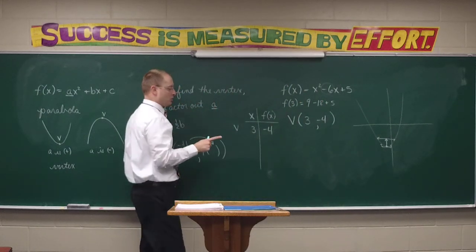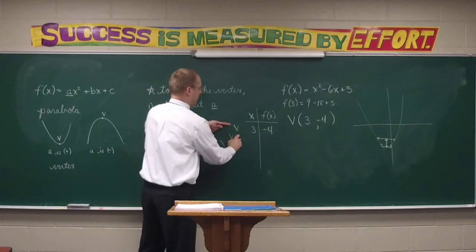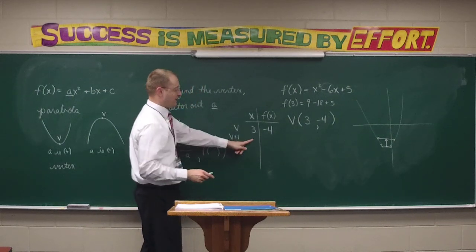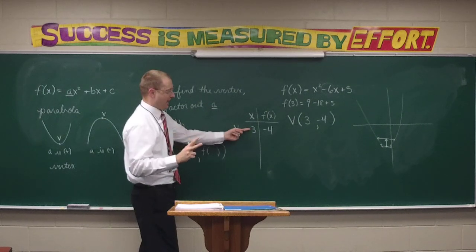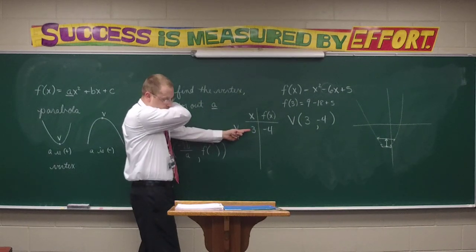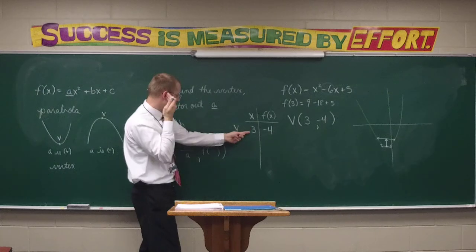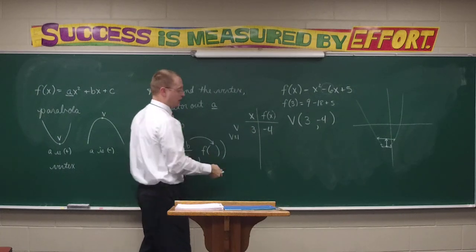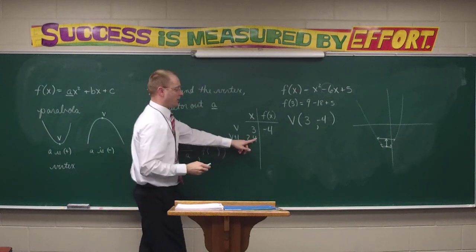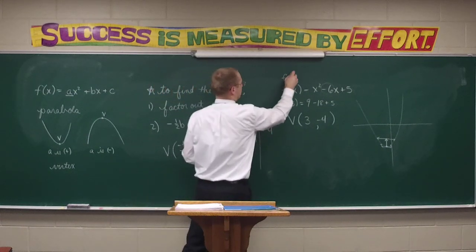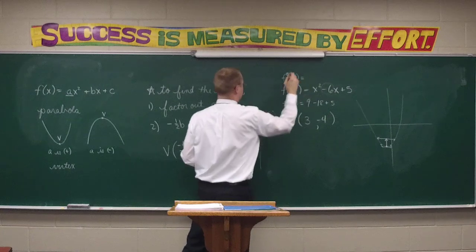So here's what I'm going to do. I'm going to take the vertex plus and minus 1 for my next 2 x values. If I add 1 to the 3, class, I would get 4. And then if I subtract 1, I would get 2. So either a 2 or a 4 are going to have the same f of x. For instance, just to back it up, let's find f of 2.